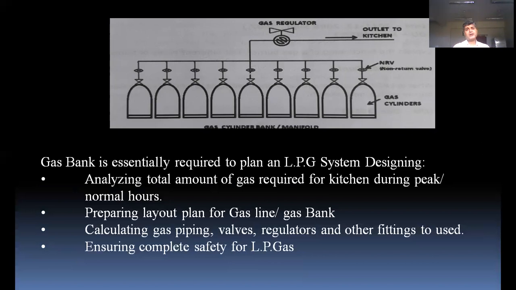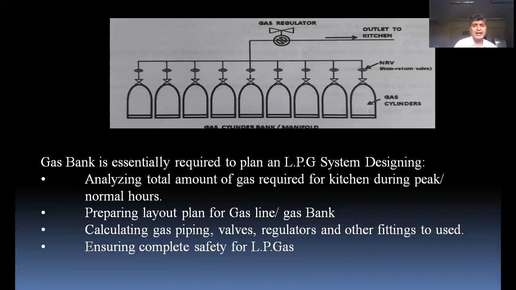Today we have discussed what LPG is, its properties, advantages and disadvantages, then the Bunsen burner, its properties and where it is used, and precautions while using gas as a fuel in the hotel industry.